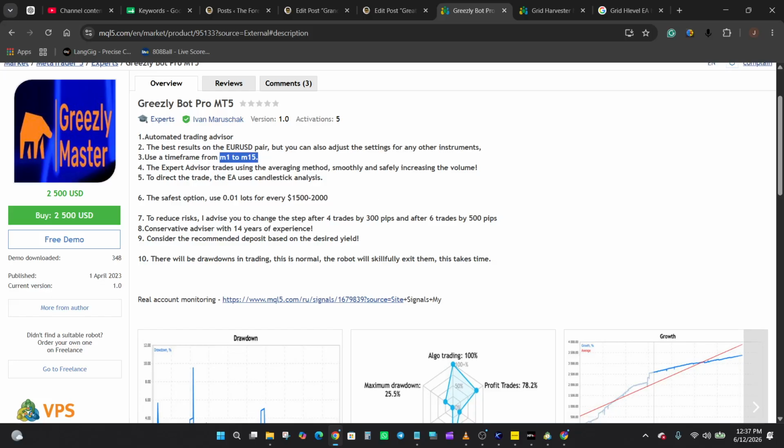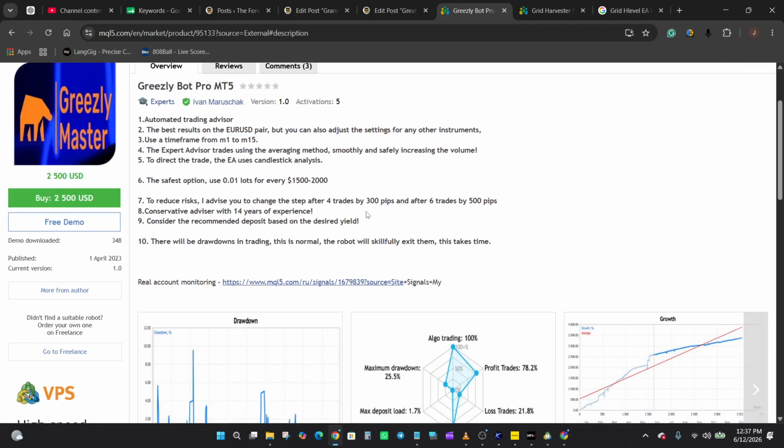Now, one of the key points mentioned in the description is that the EA uses candlestick analysis to determine trade direction. This is one of the core elements specifically disclosed by the developer and serves as part of the decision-making process behind trade entries.